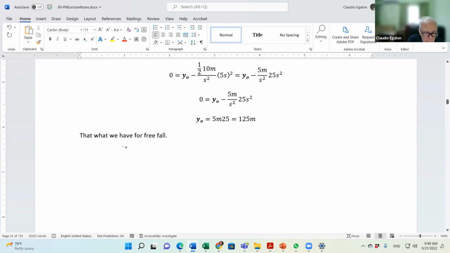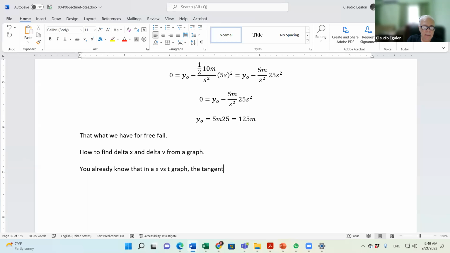There is one more thing that I didn't tell you, which is how to find delta x and delta v from a graph, okay? You already know that in an x versus t graph, the slope of the tangent along the graph is the instantaneous velocity.